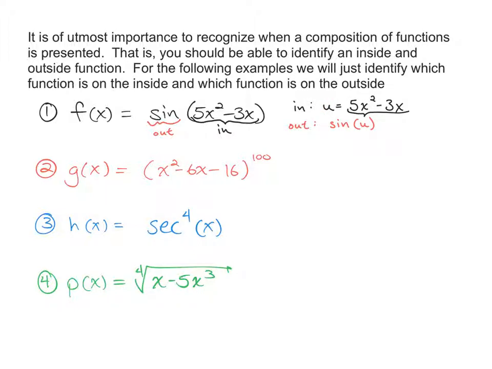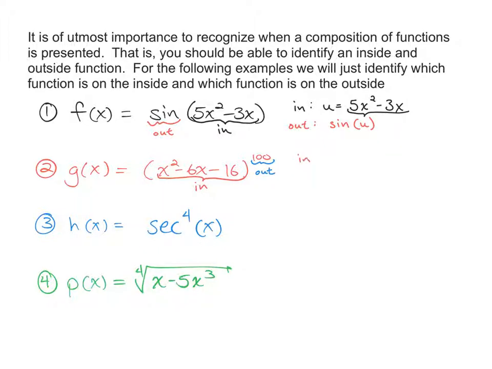All right, not bad. So in this next problem, you can see here that the inside is x squared minus 6x minus 16. So I'll call that the inside, and then the outside in this case is that power to the power of 100.